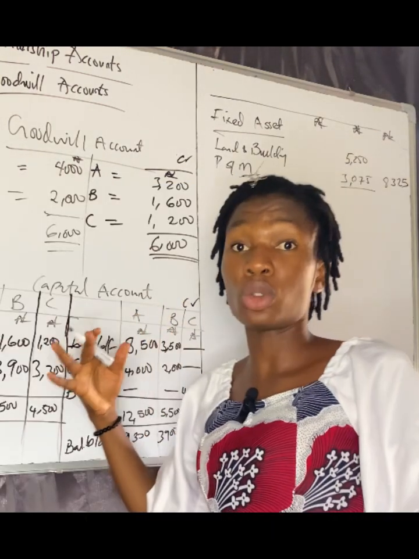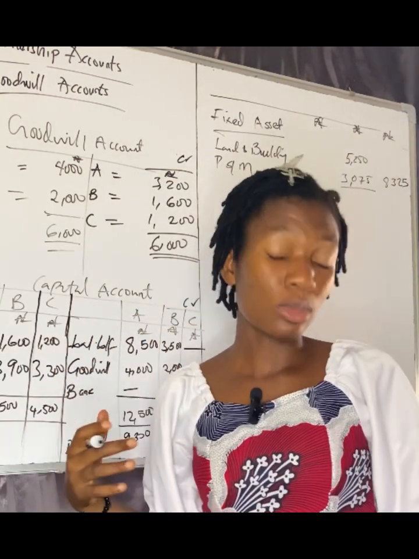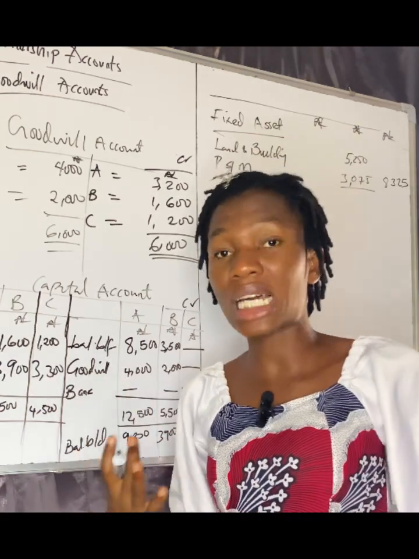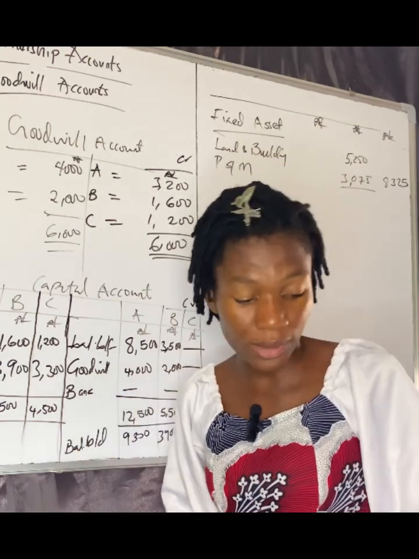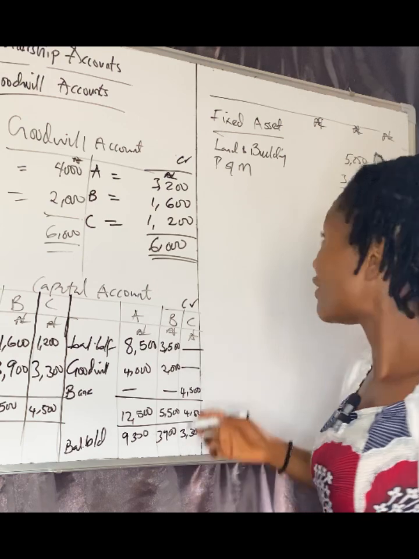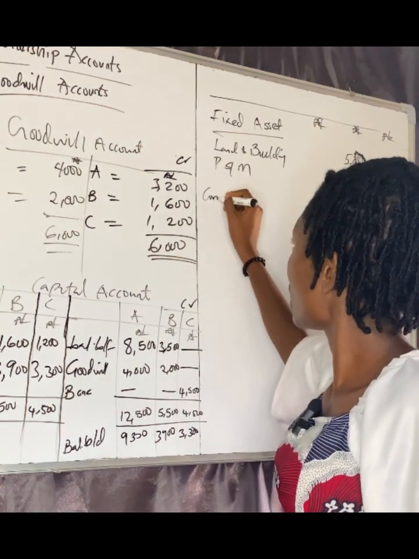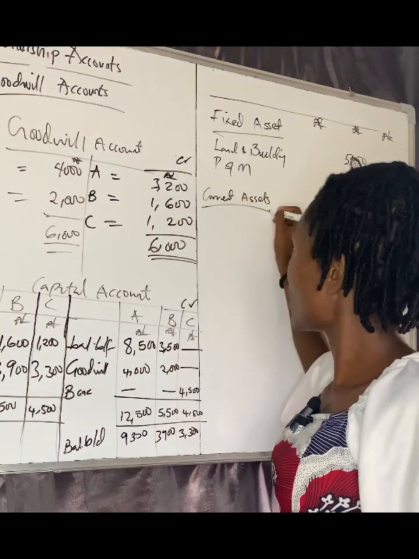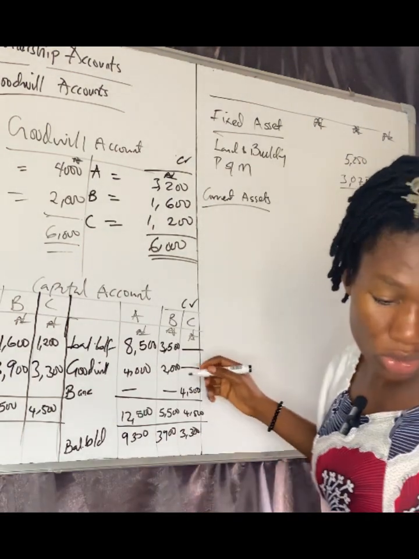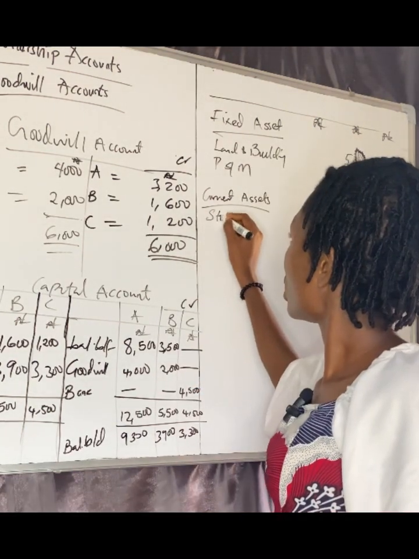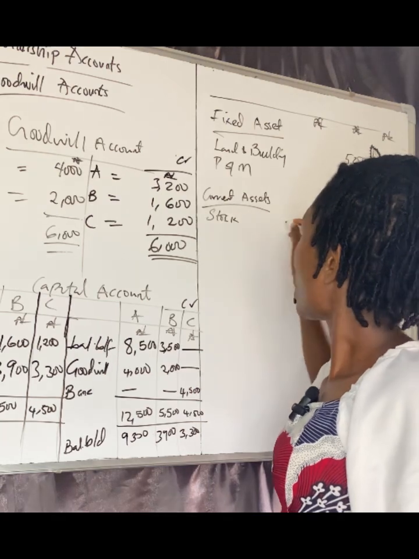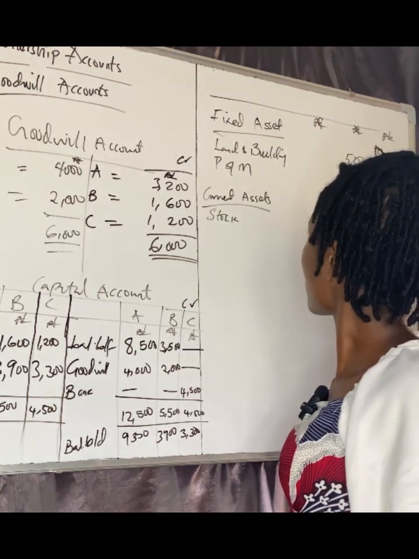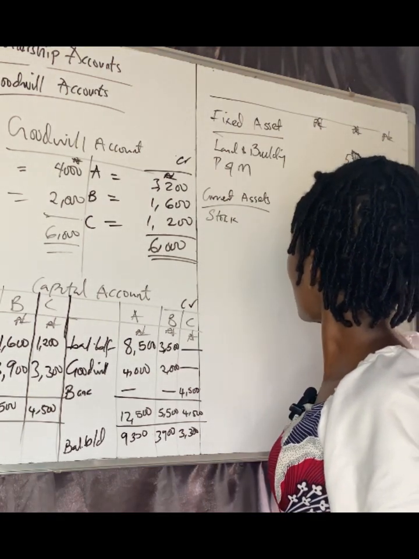Now like I said, we have written our goodwill off, so we're not going to bring in goodwill anymore. Goodwill is no longer going to be retained in the books. That's what it automatically means. So next we'll have the current assets. Here we still have our closing stock, our stock value is 4,500.